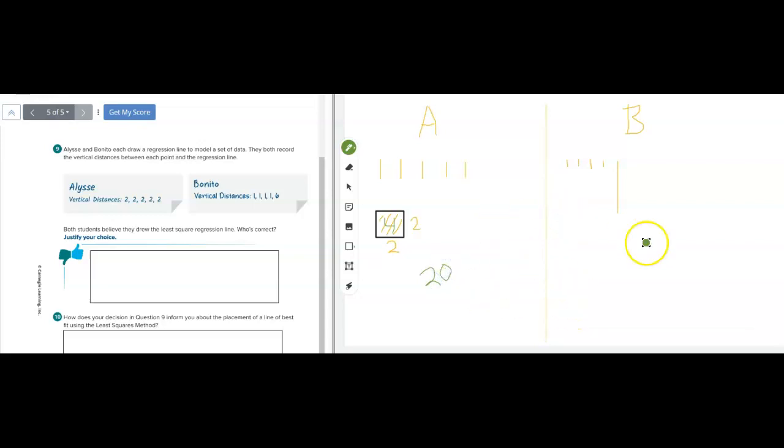Now Benito has 4 tiny squares, right? And this square is 1 by 1.